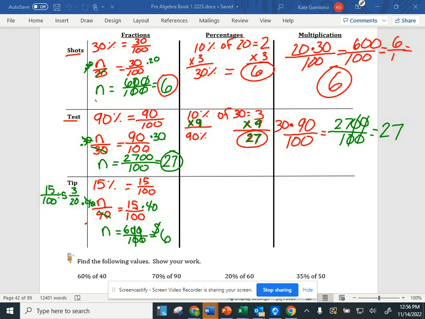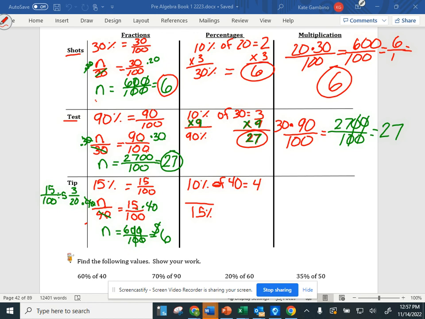So if we're going to do it with our percentage way, remember I said we break it down to that 10%, so we can build it up. So 10% of 40 equals 4, because we had $40 altogether and we want to start with those percentages. Then we want to get to 15%. How can I get to 15% from 10%?